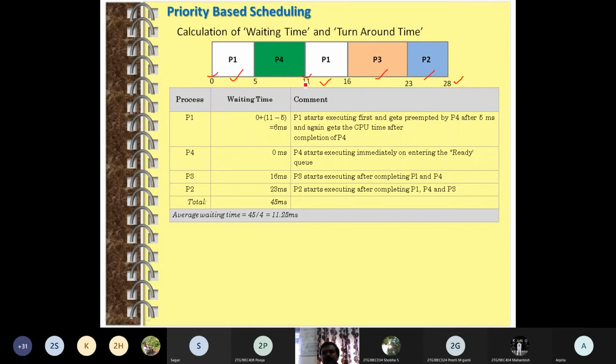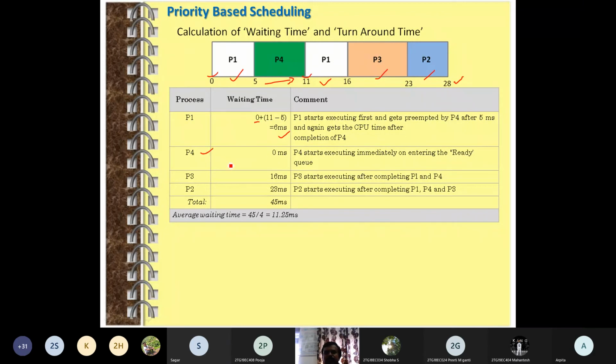It has waited only for the completion of P4. What is the time slot? It is 11 minus 5, because P4 entered at the 5th millisecond position and terminates at the 11th millisecond. So the total waiting time for P1 is, for the first iteration nothing, for the second iteration 6 milliseconds.